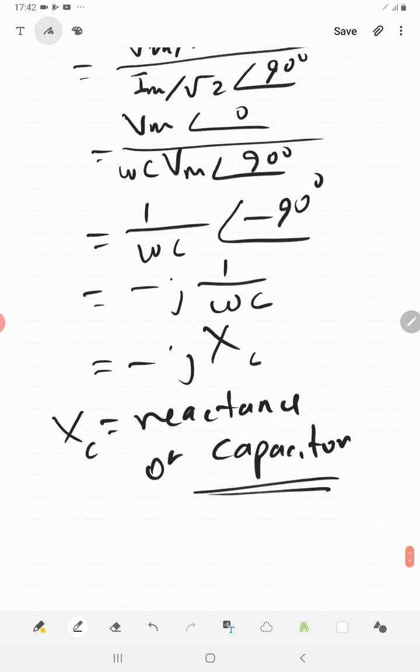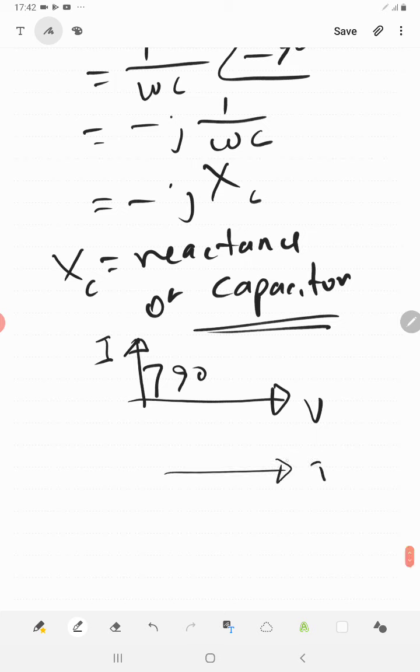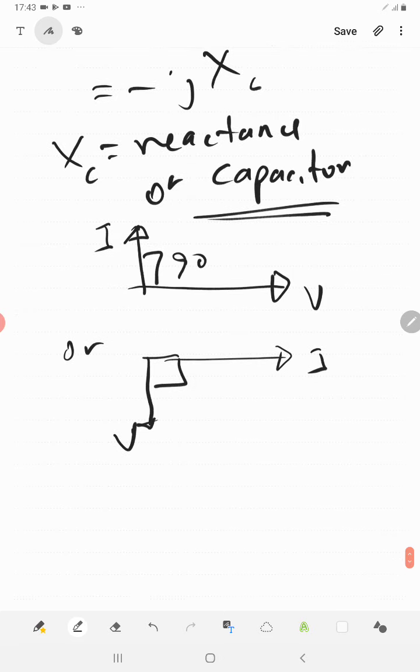Okay? So in this case, if this is V, this is I, 90 degrees. Or if it is I, this is V. So I leads V by 90 degrees.